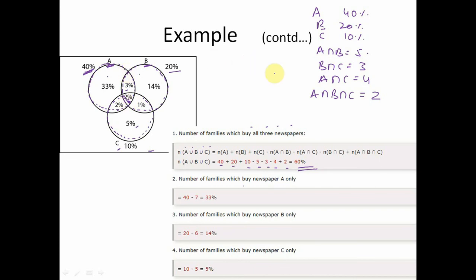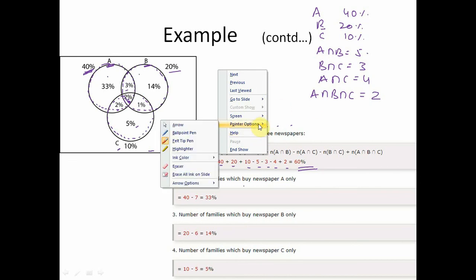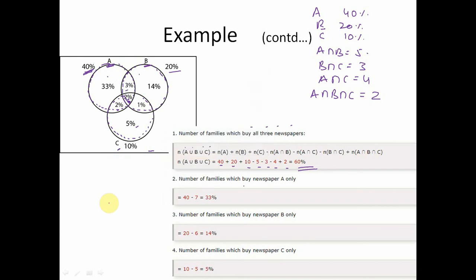let me change the color of the pen so that it will become much easier for you to understand. So this complete region is 40%, and this region, I'll just give you one example, because after giving one example this will have so many markings that it will become difficult, but this region is 5%.